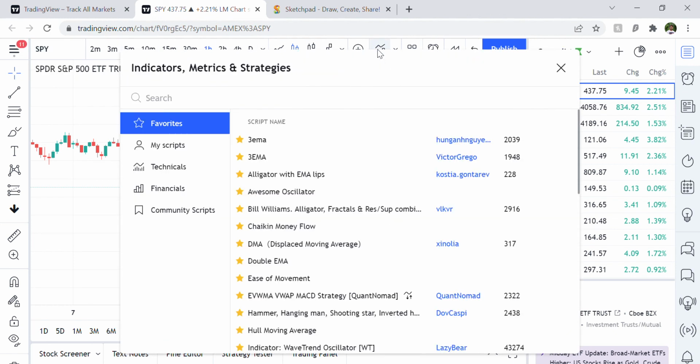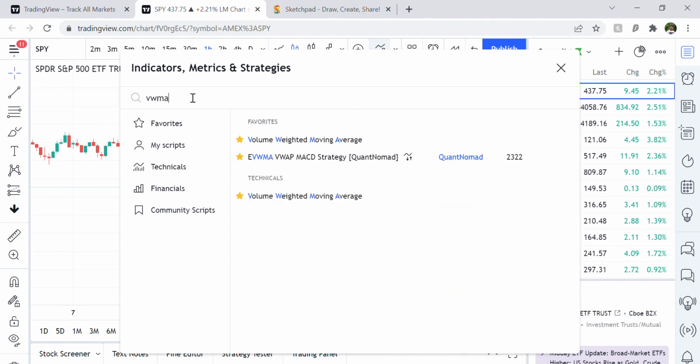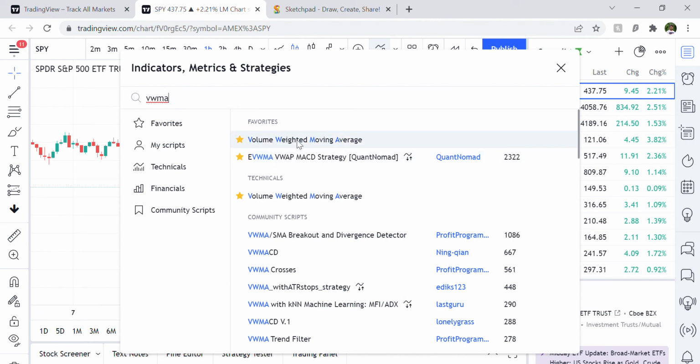So let's go into this. I'll go into, say, technicals, and you can just type over here VWMA. It will give you the full form, volume weighted moving average. There are certain stars. Suppose you like any particular indicator, you can just click the star and it will go into your favorites here.